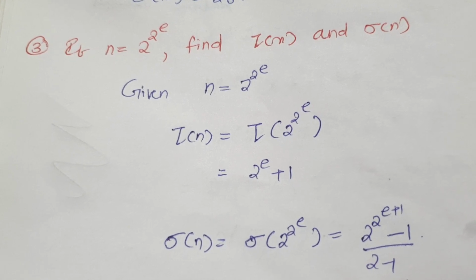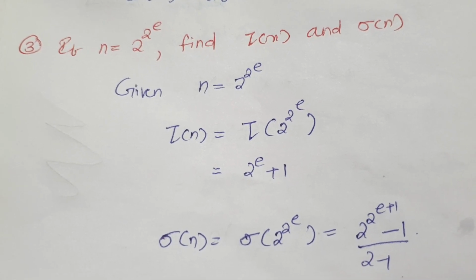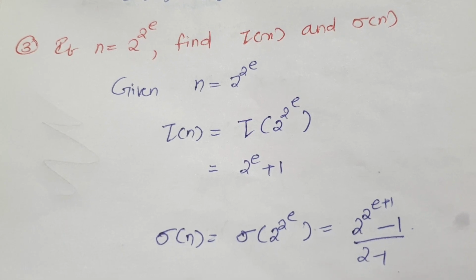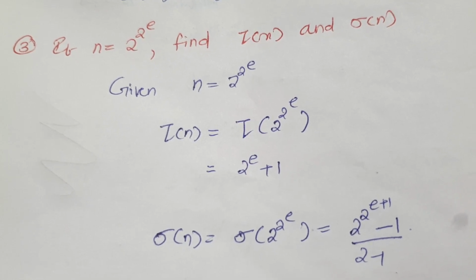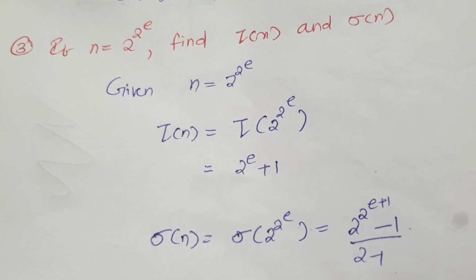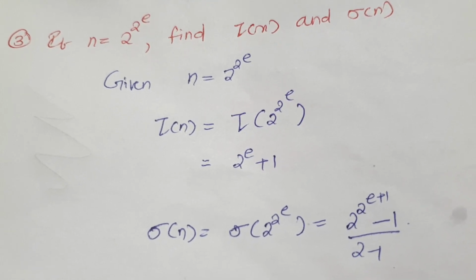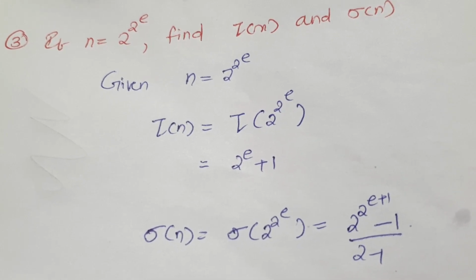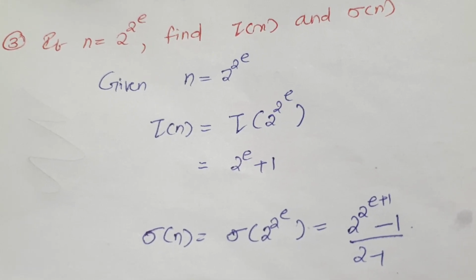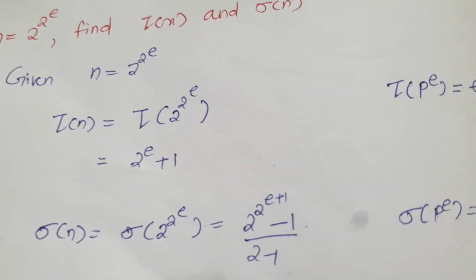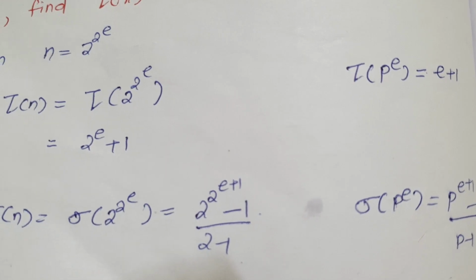Now, let us move on to the third problem. Here, they asked to find the value of tau of n and sigma of n for n equal to 2 power e. So tau of n is nothing but tau of 2 power e. We know the formula of tau of p power e is equal to power plus 1.